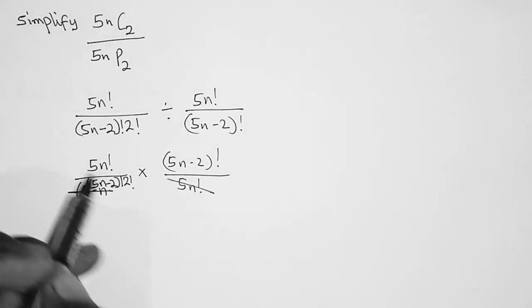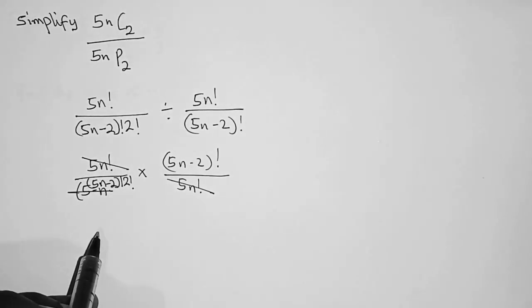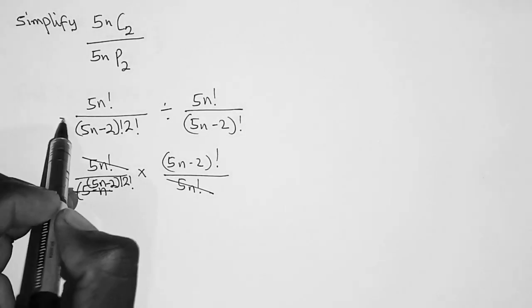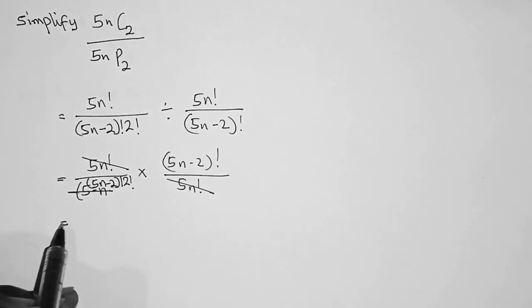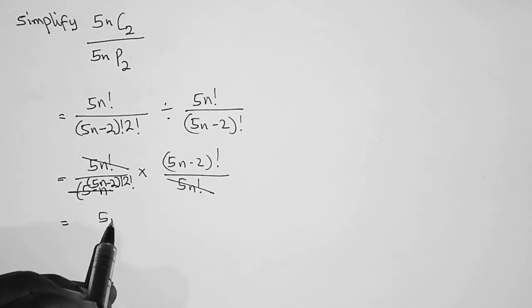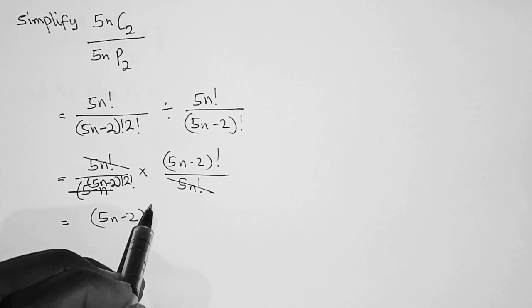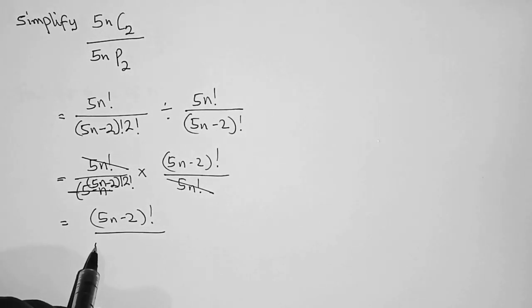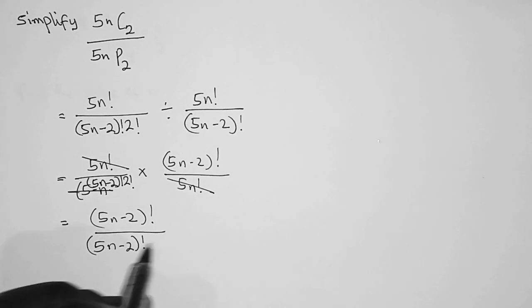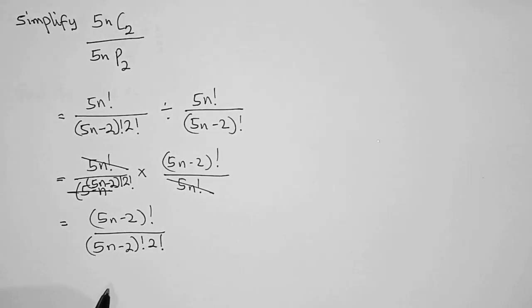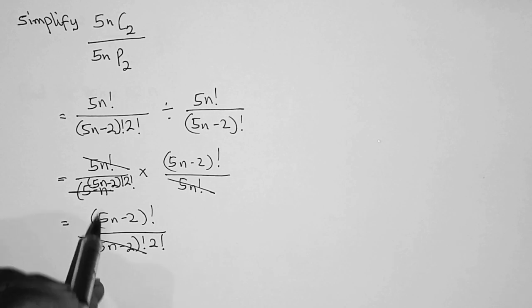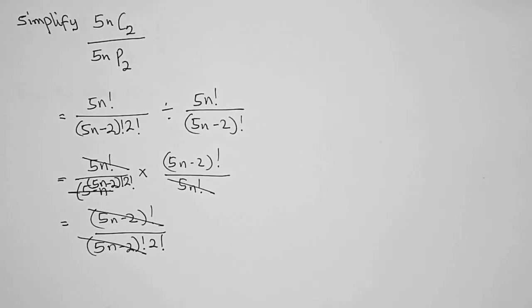So this 5n factorial and 5n factorial will cancel out. So at the end of the day, this is equal to 5n minus 2 factorial divided by 5n minus 2 factorial, 2 factorial. So you see that this one too will cancel. 5n minus 2 factorial will cancel 5n minus 2 factorial.